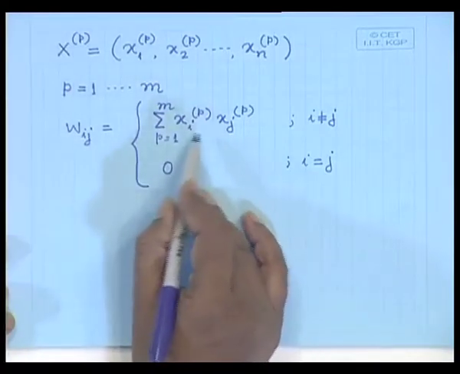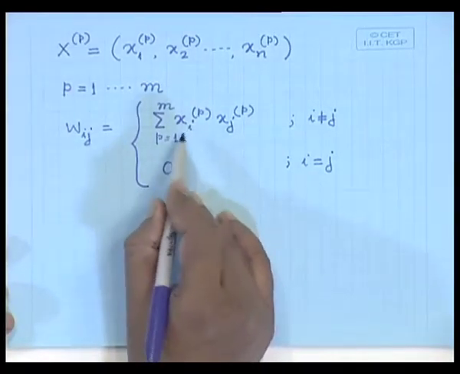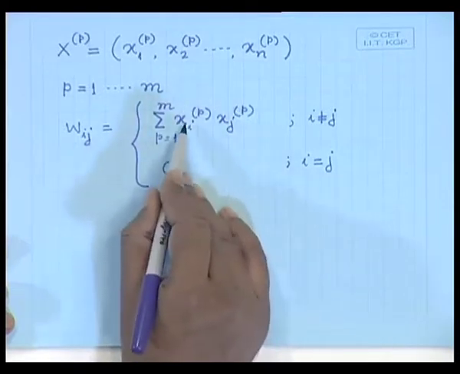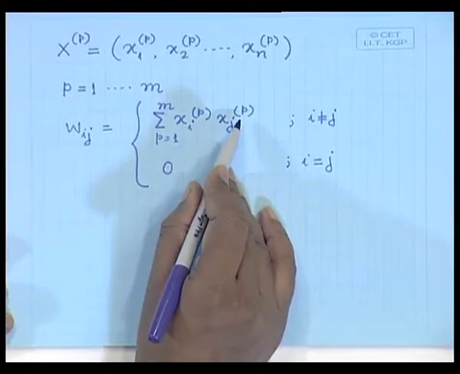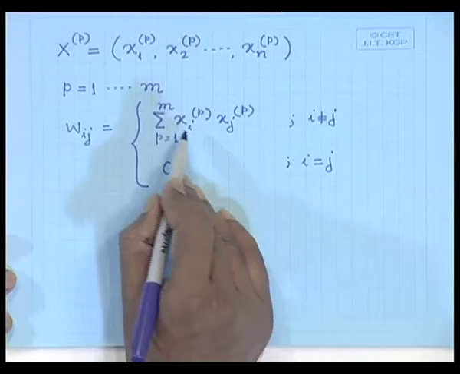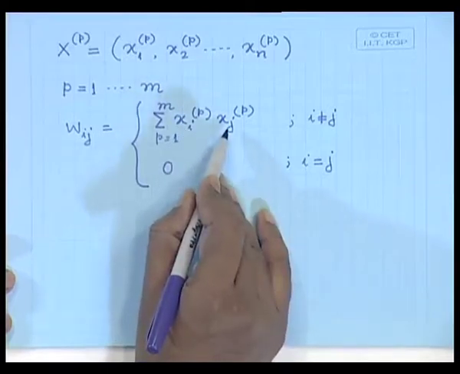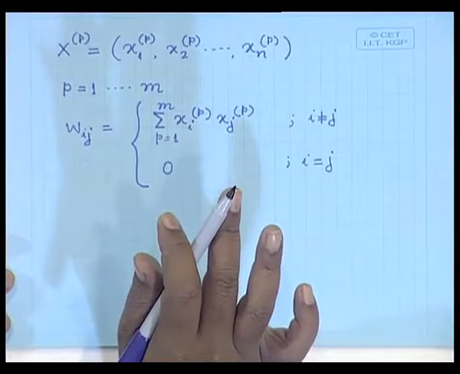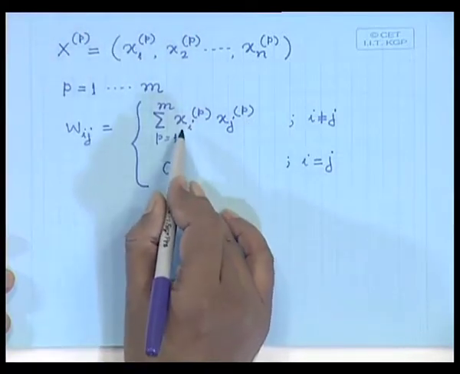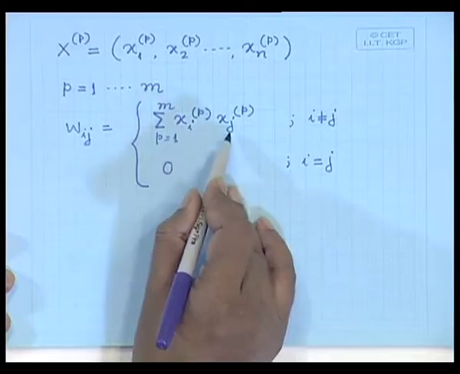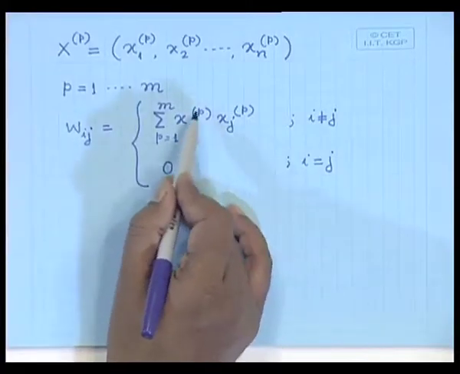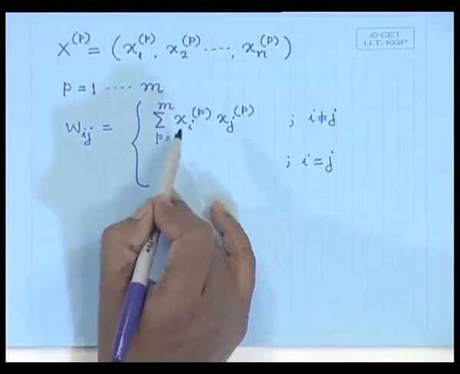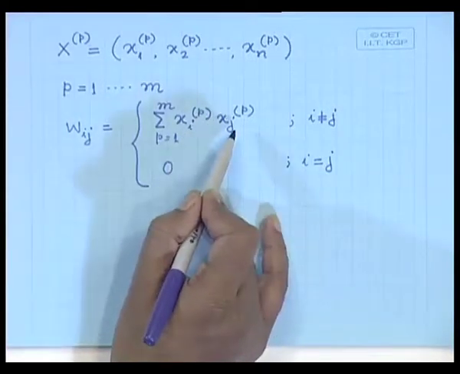And from here you find that in this term, xip into xjp, both these components are coming from the same feature vector p. And the feature vectors are binary feature vectors having values +1 or -1. So, this simply says that if xip and xjp are the same, both positive or both negative, then this term will be equal to +1. If one of them is positive and the other one is negative, then this term will be -1.